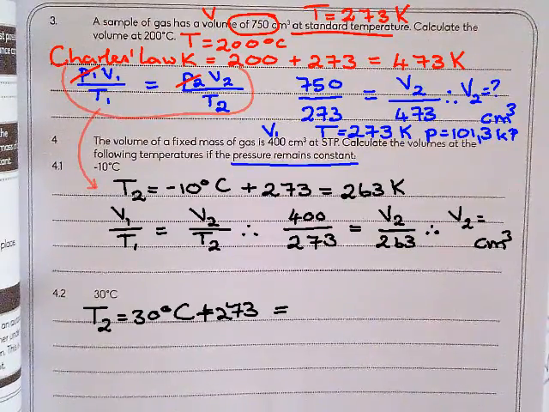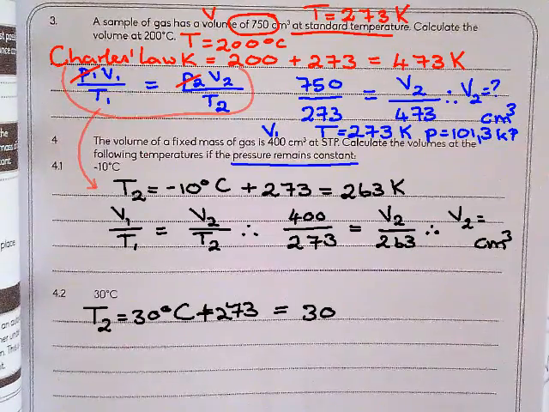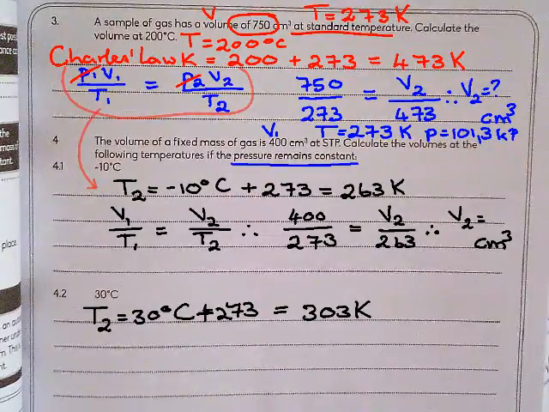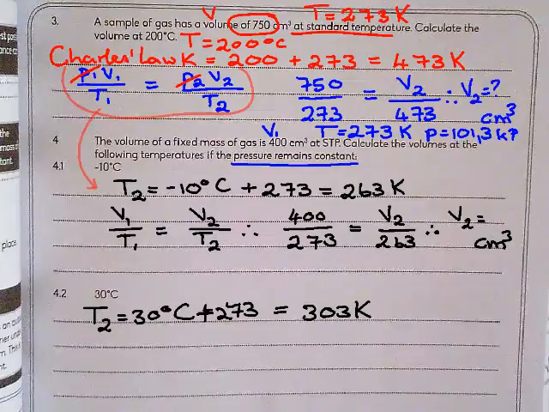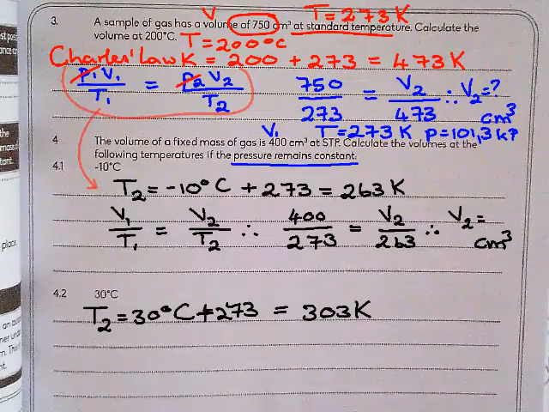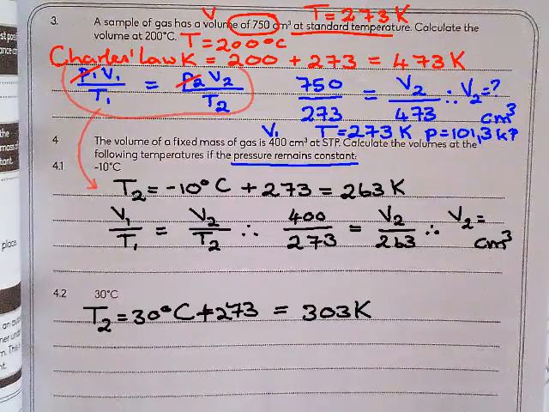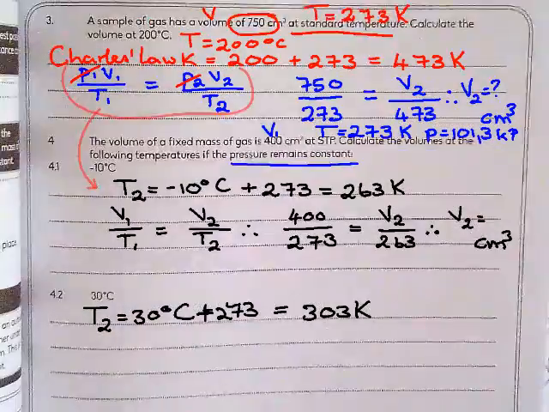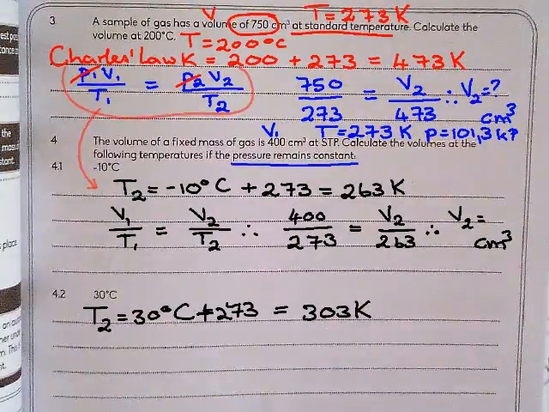That would be 303 Kelvin, and you substitute it into the same equation. I see that in questions 4.3 and 4.4 they've already given the second temperature in Kelvin, so you don't have to do the conversion there.